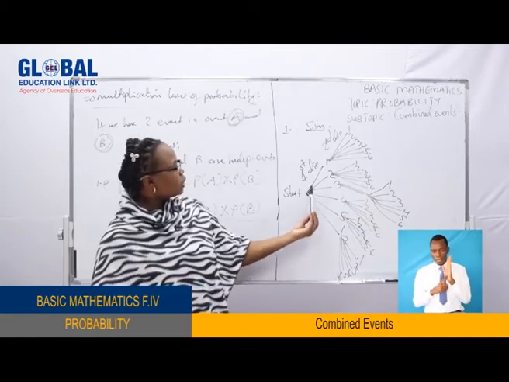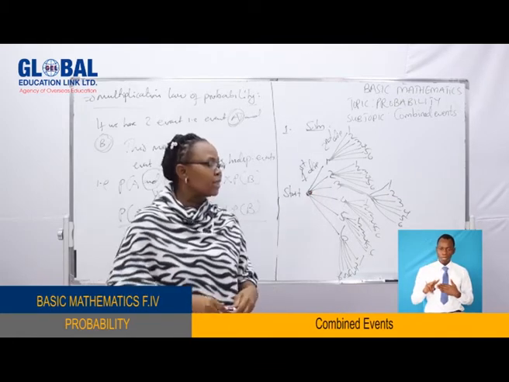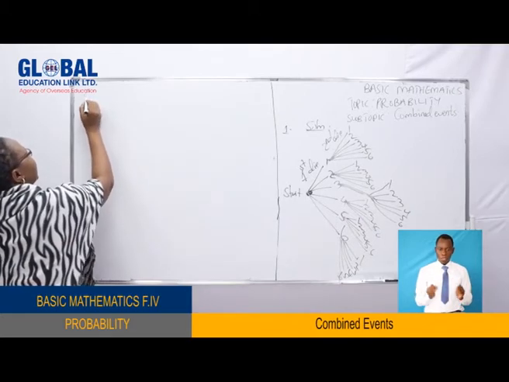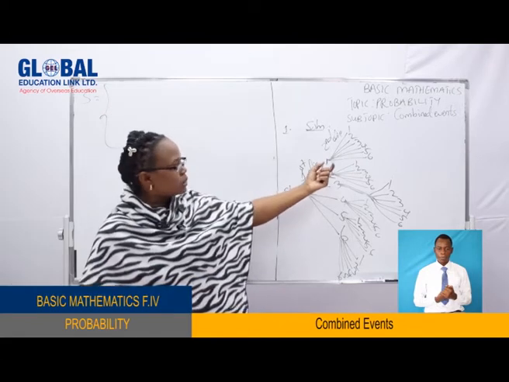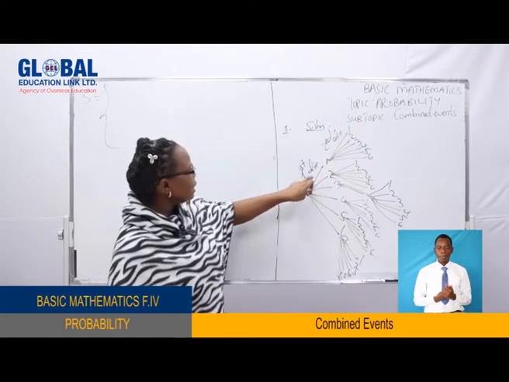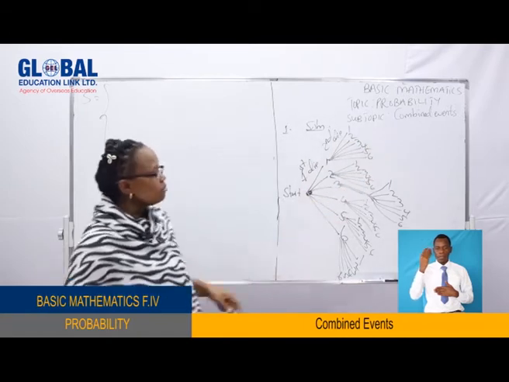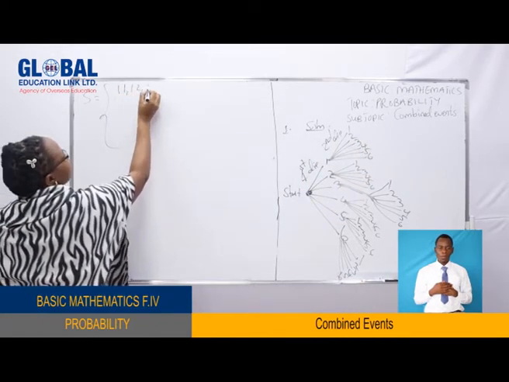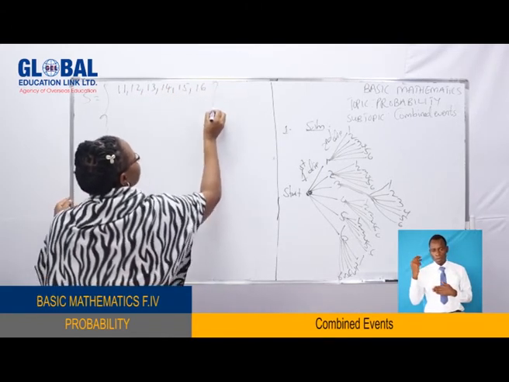Then we need to obtain a possibility set. We have to obtain the possibility set in order to answer our question. The possibility set S equals, starting with the first die and the second one. When the first die shows 1, the second one shows 1 up to 6. That is 1,1; 1,2; 1,3; 1,4; 1,5; 1,6.